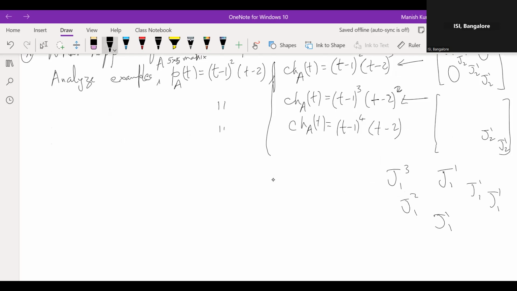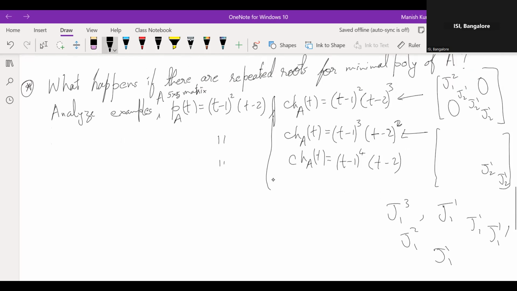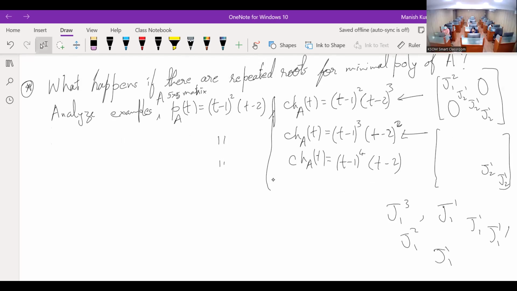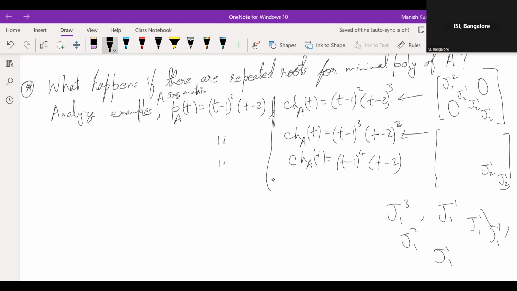So these are the three possibilities. Which one should we put? Anyway, the minimal polynomial is (t minus 1) whole square, so it can't be J11 three times. So this you can rule out.